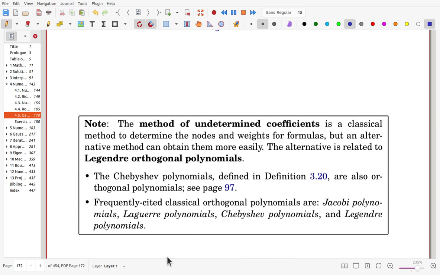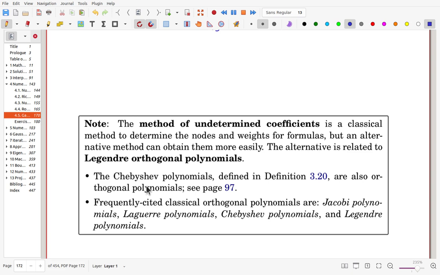The method of undetermined coefficients is a classical method to determine the knots and weights for quadrature formulas, but an alternative method can obtain them more easily. The alternative is related to Legendre orthogonal polynomials. Later in this section, we'll define what orthogonal polynomials are, and also define the Legendre polynomials.